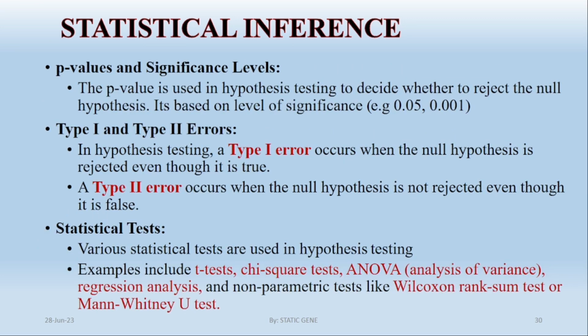Another measure for statistical inference is p-values and significance levels. A p-value is used in hypothesis testing to decide whether to reject the null hypothesis. It is based on a significance level, either 0.05, 0.01, 0.001, something like that. We shall explore p-values in much more detail.